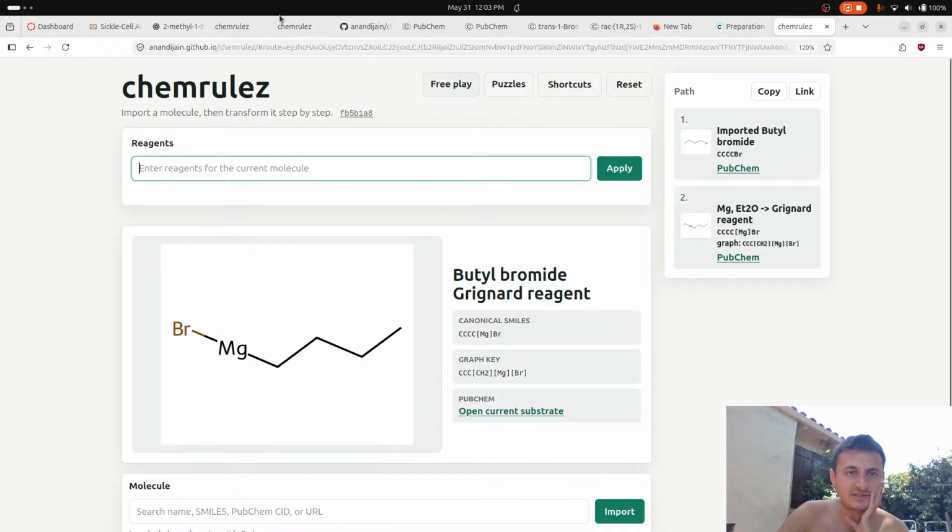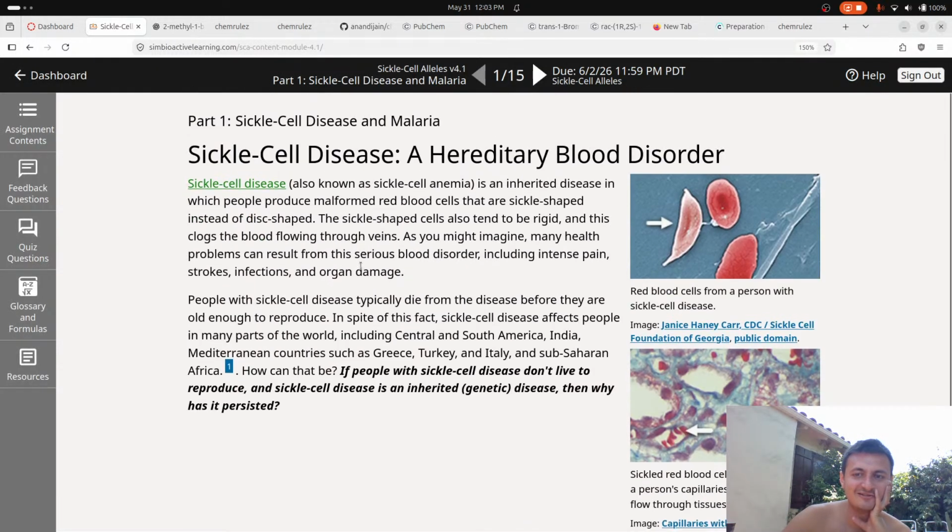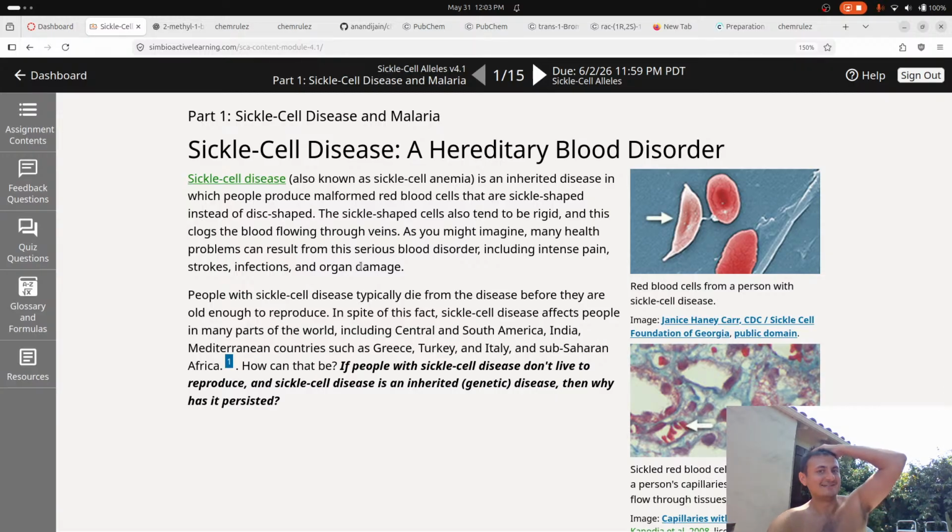After doing this, it's so hard to go to this. All right, let's just get it done. Sickle cell disease. I'm actually interested in this. It is an inherited disease in which people produce malformed blood cells.